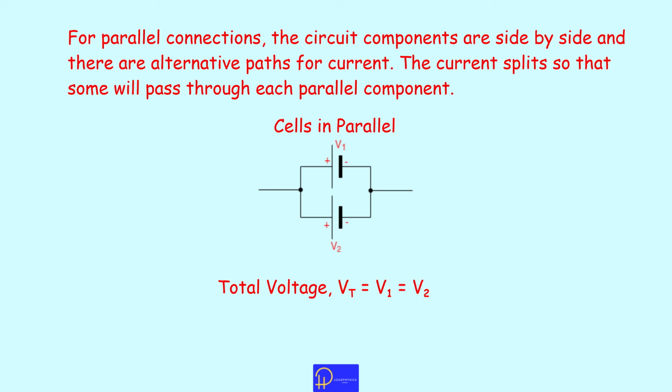The total voltage for cells in parallel is equal to the voltage of each cell in the circuit. So even if you join 10 cells in parallel, the total voltage is going to be equal to just one of the voltages of the cells. And that is why we have the relation Vt is equal to V1 is equal to V2.